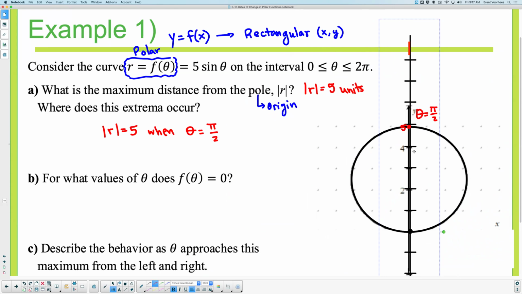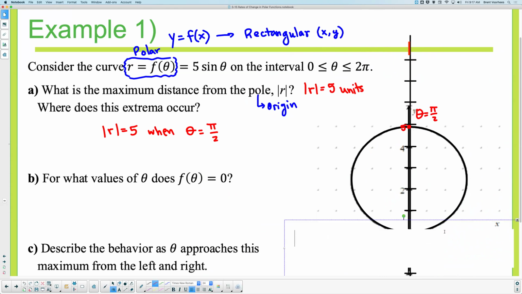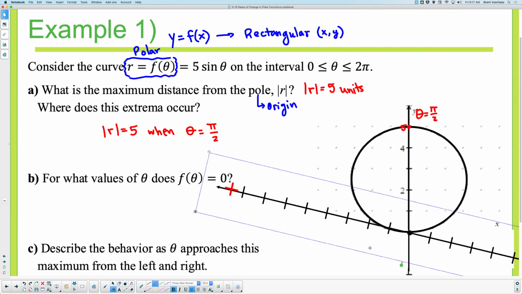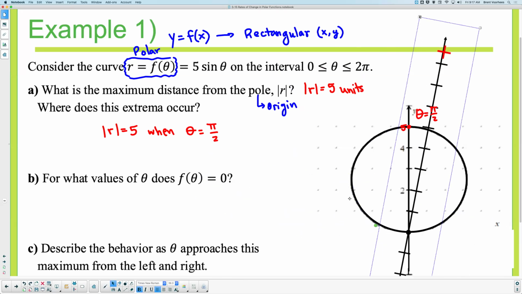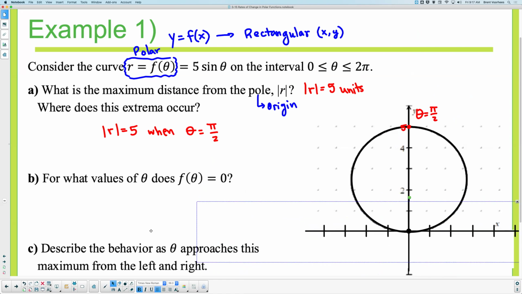Yeah, if you rotate all the way around, 3 pi over 2 would generate the value -5. If you went to 3 pi over 2, that would also generate the same thing. So my second value: the absolute value of r equals 5 at pi over 2 and 3 pi over 2.